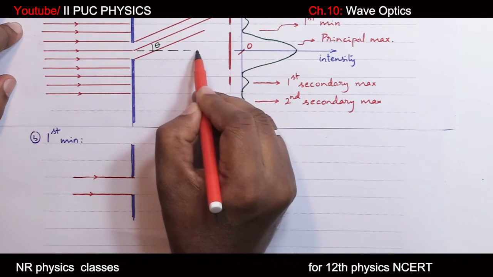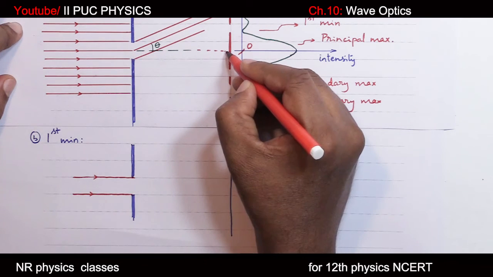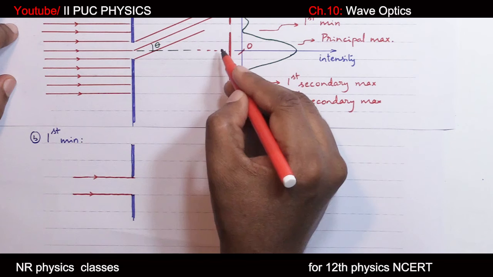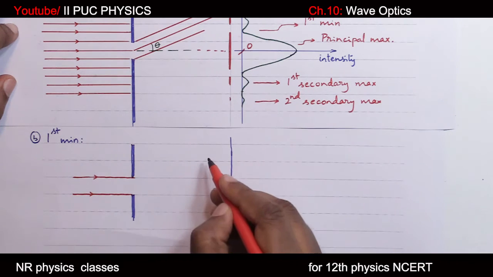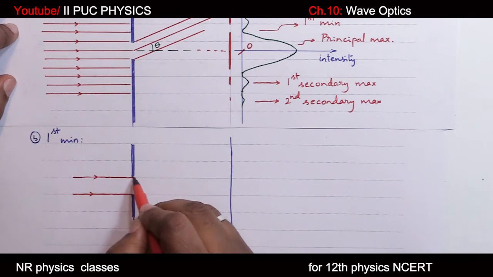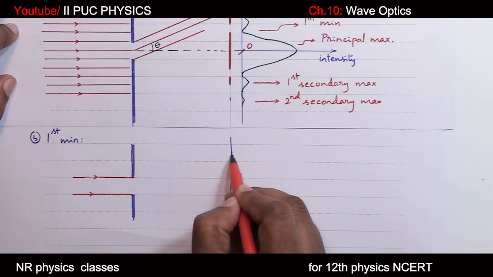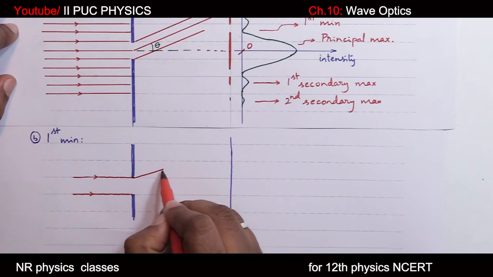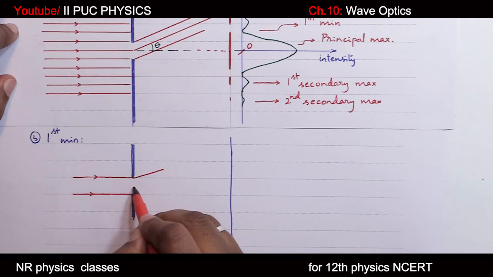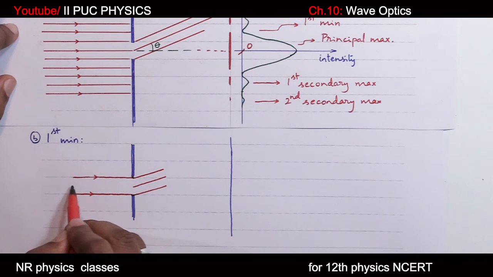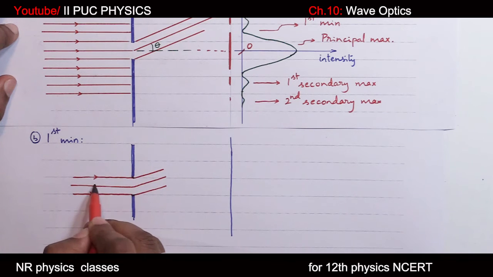Observe, first minimum is not on the median. This is the median. This first minimum is not on the median. So let there be first minimum somewhere here. Okay. So I should show bending to explain first minimum. So this is the refracted ray, refracted ray, refracted ray, incident ray.